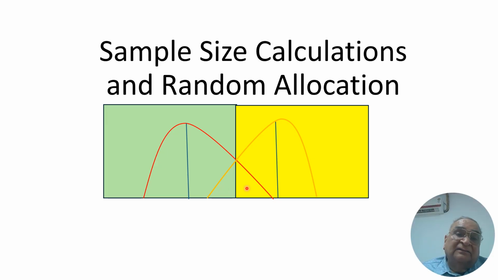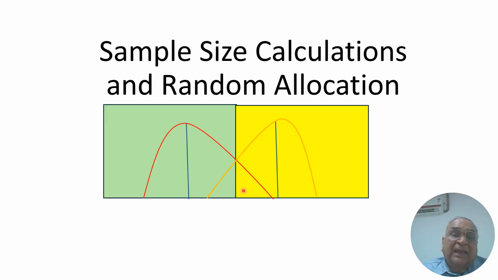So this is the effect of sample size. Greater the number in the study population, more the values near the central tendency, and therefore this will increase. The curve will become more peaked, and the area where you can belong to the two curves, intersection area, would become less.